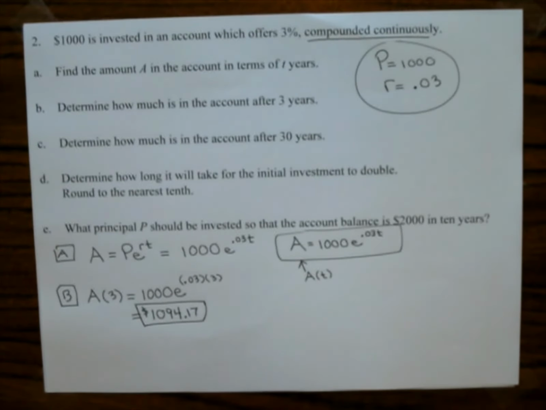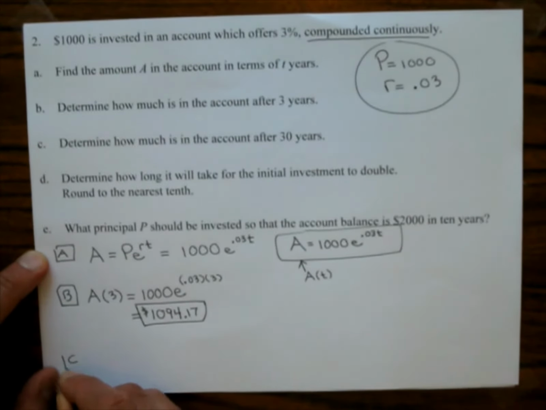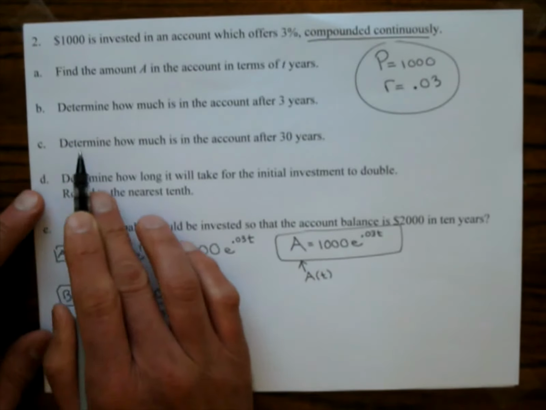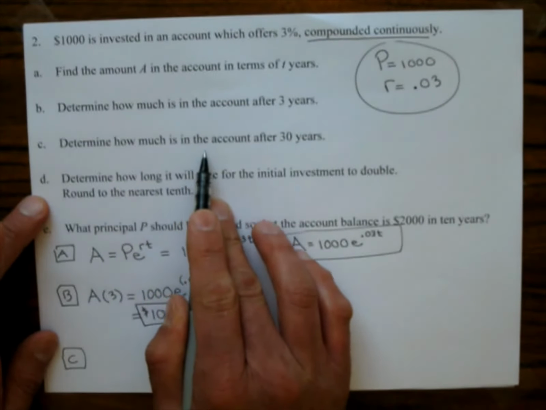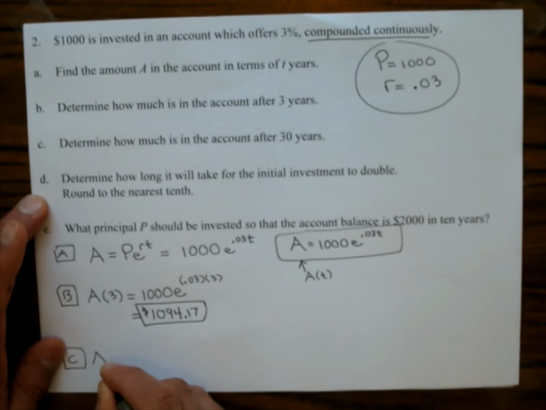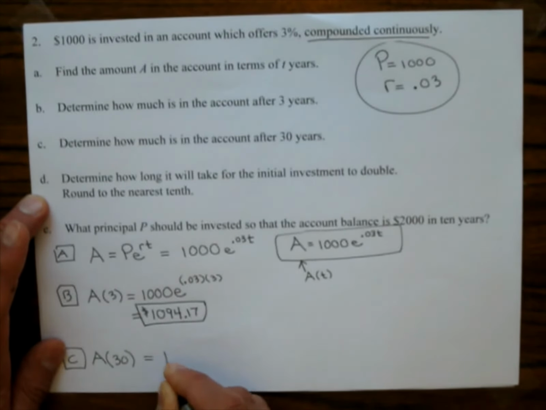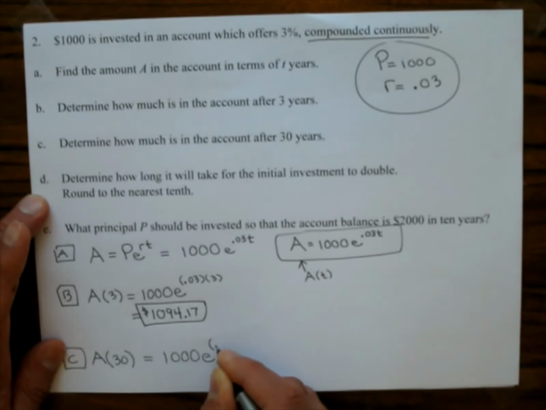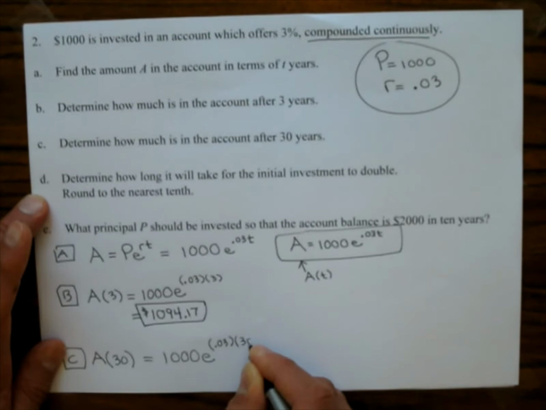Let's go ahead and do part C, which asks, determine how much is in the account after 30 years. So I'm going to go A of 30. This is going to be 1,000 e to the 0.03 times 30.